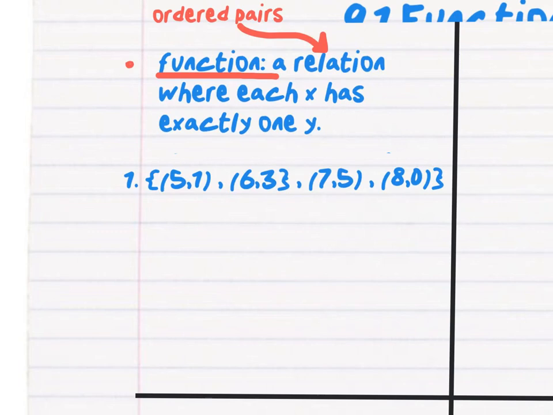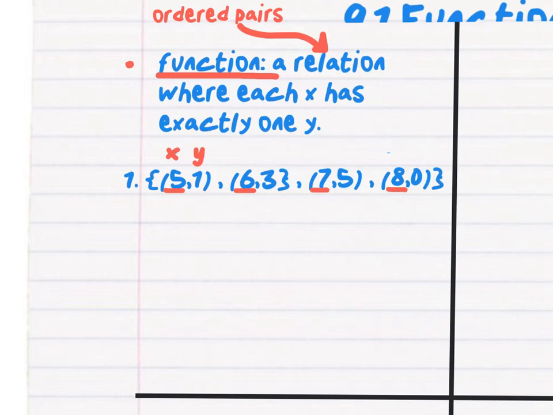So to decide whether or not this is a function, you have to look at each of the x values. The x value is always the first coordinate, and the y value is always the second coordinate of each coordinate pair. So we're going to look at the x values. Here we have a 5, a 6, a 7, and an 8. All the x's are different, so that means each x has exactly one y.